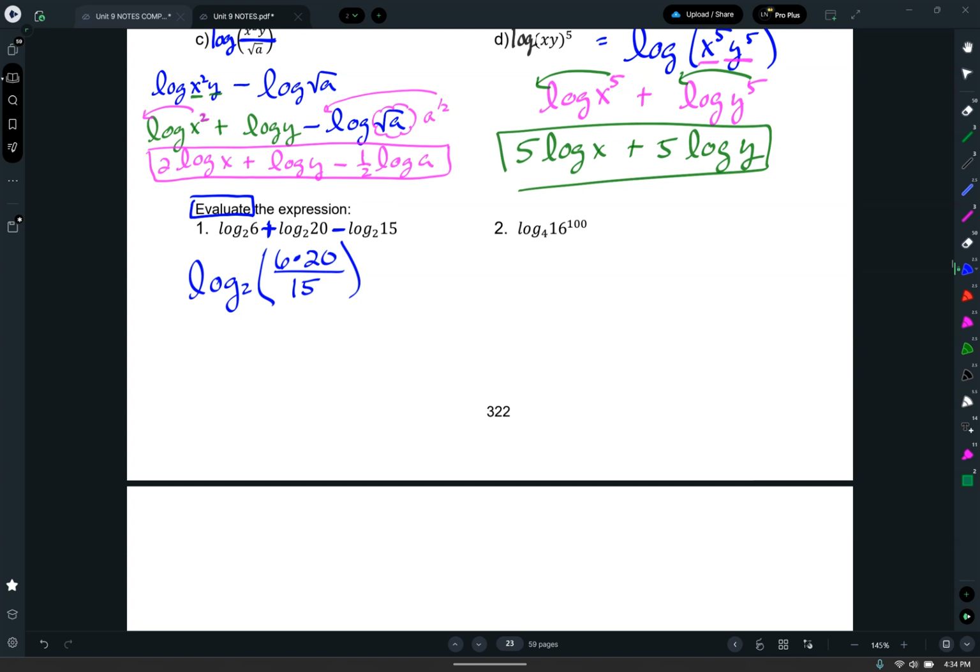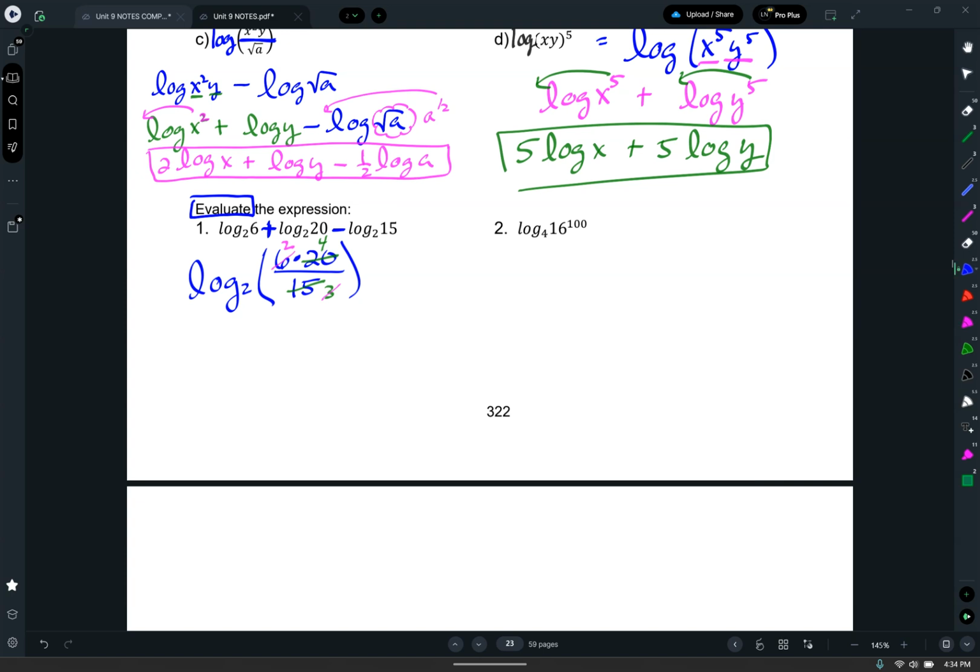So isn't it going to be easier now to start crossing out? So let's see. 5 goes into both 15 and 20, right? 5 goes into 15 3 times. 5 goes into 20 4 times. But keep going. I can still simplify. Can't I cancel the 3 and the 6? I could say, hey, look, 3 goes into 6 2 times.